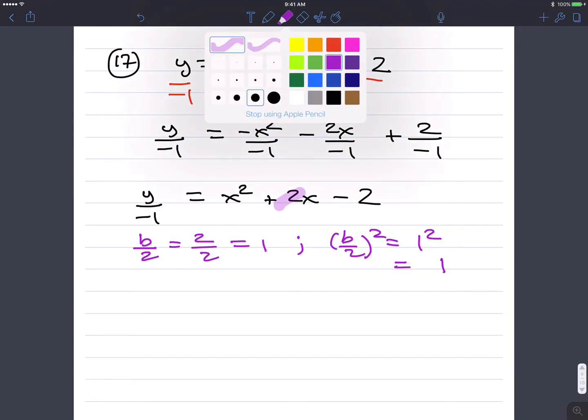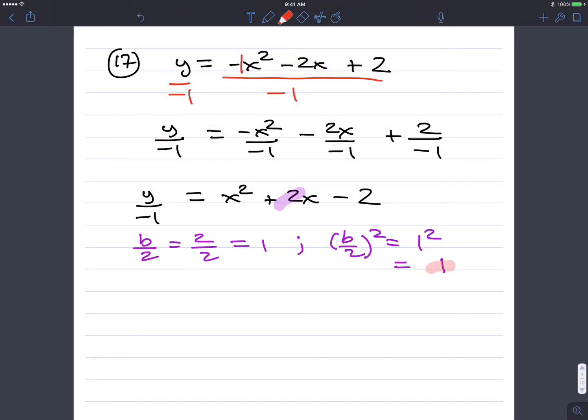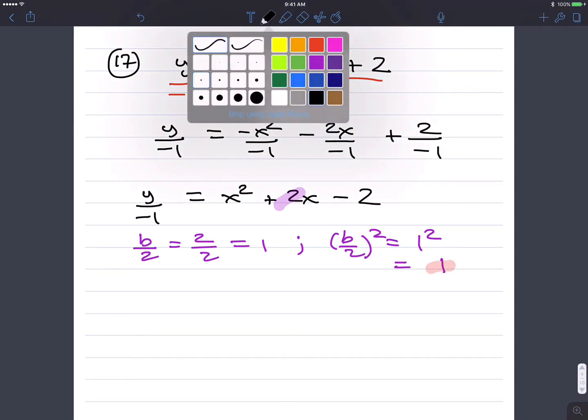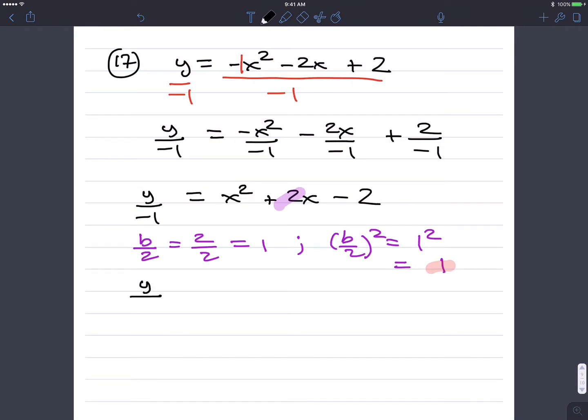So again, we're going to use this 1 immediately. And let's write down the terms. y over negative 1 becomes x squared plus 2x plus 1 minus 1. And don't forget, we already had a negative 2 here.